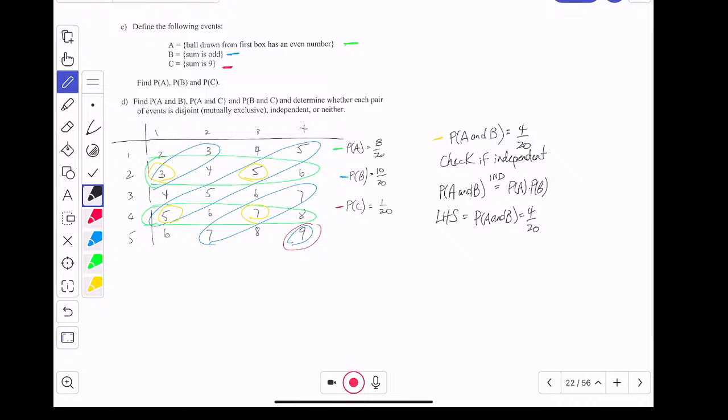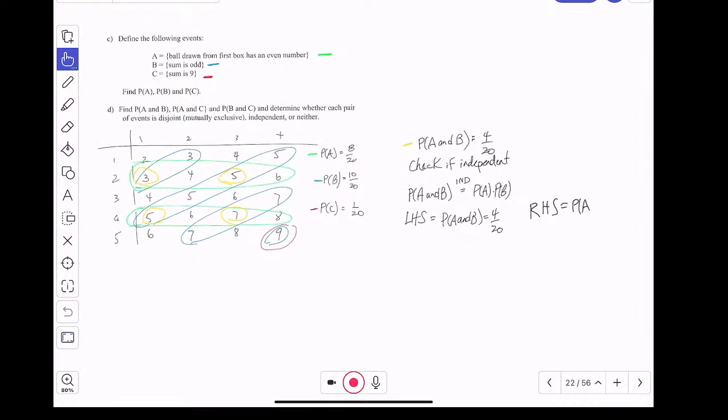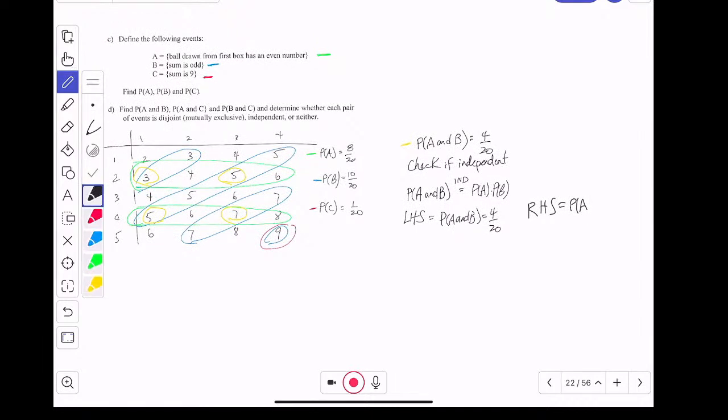So now on the right hand side is P(A) times P(B). So what is that? A was 8 out of 20 and B was 10 out of 20, which gives, well, I'm not going to multiply them. I'm going to use some canceling here.